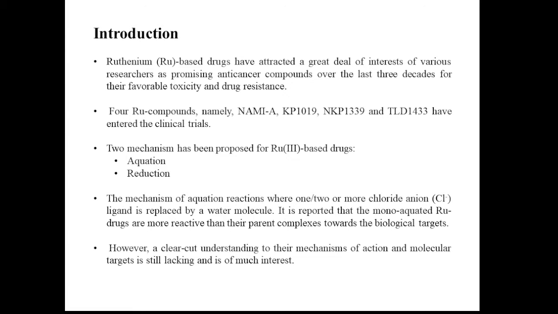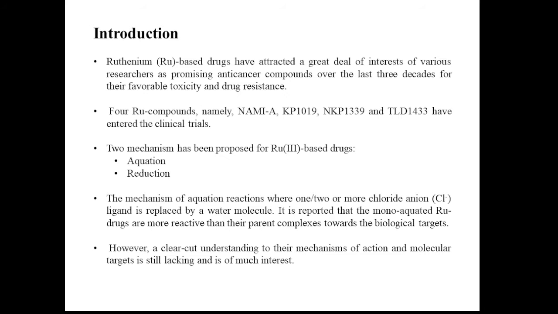Metal-based drugs have been widely used for the treatment of cancer over the last 4 to 5 decades. The first metal-based drugs were discovered by Rosenberg, that is the platinum-based drugs, and they have been widely used for the treatment of cancer.